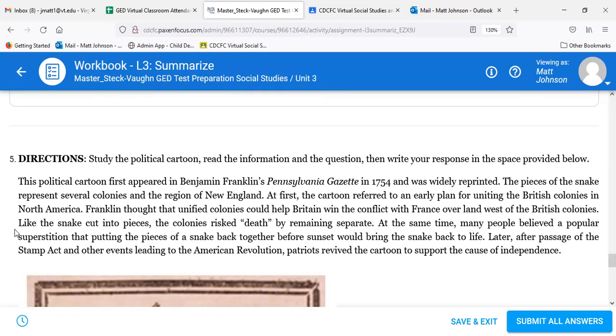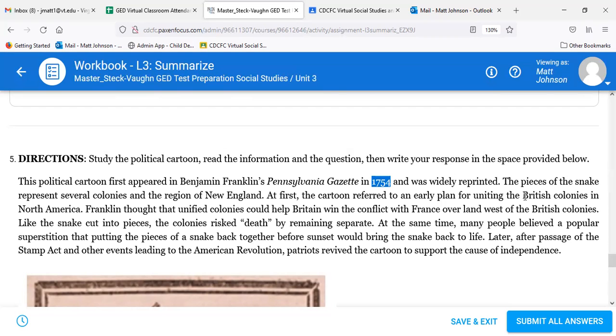Now, here's an instance where prior knowledge is going to be necessary. So we have to remember some dates. 1754, 22 years before we declare independence. So, what was happening at that time, then you get into the context.